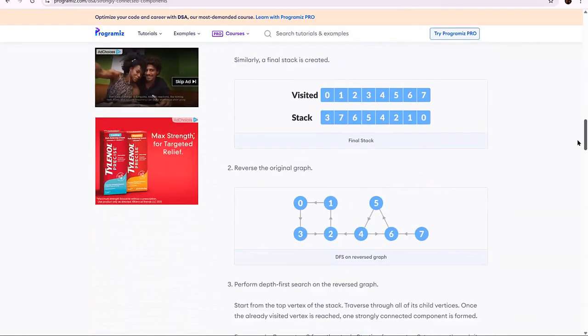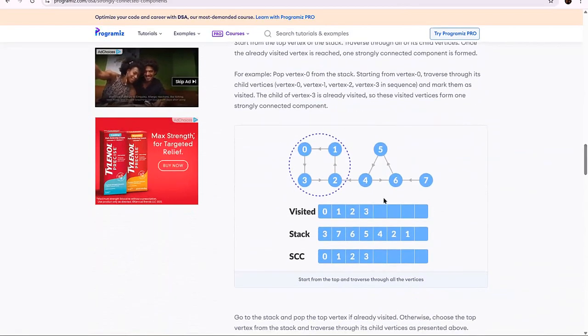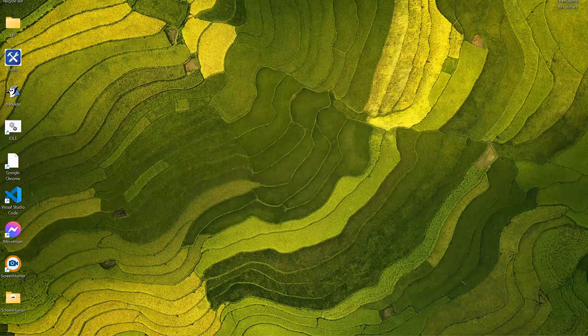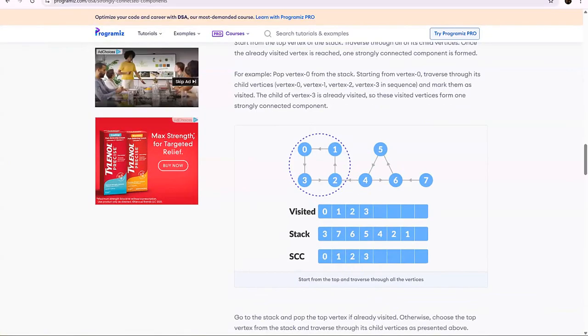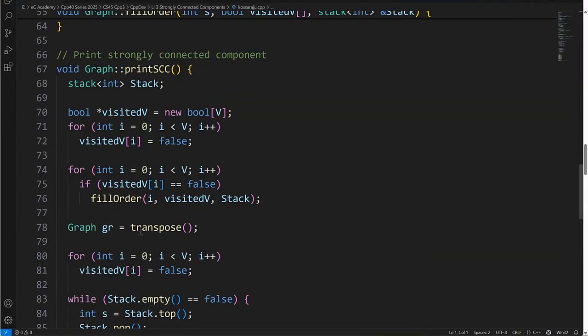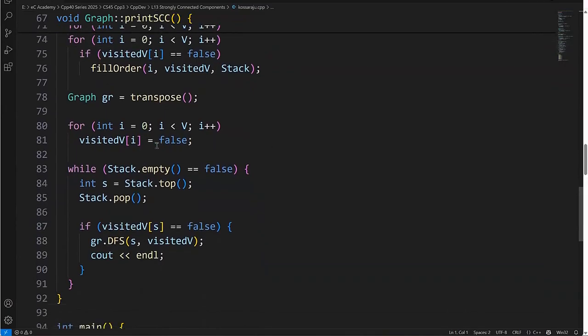Based on that reverse graph, you pop out, and then you should be able to create your strongly connected component. That is right here. You fill out the transpose graph, and you set your visited array to be empty again.